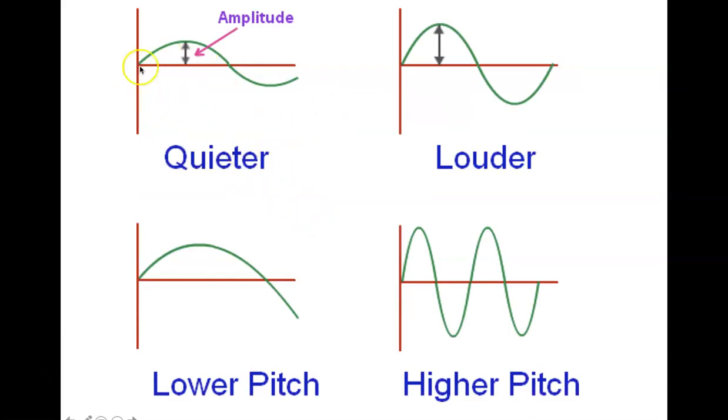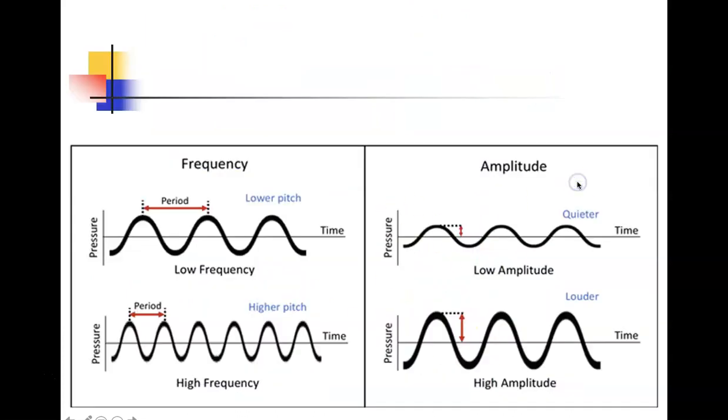When you look at the wavelengths of sounds, a quieter sound has a lower amplitude. A louder perceived sound has a higher, larger amplitude. Lower pitch is going to look like this, big waves. Higher pitch is going to be a lot faster waves. And so we look at these things in different ways.